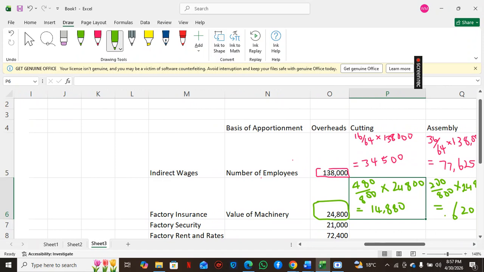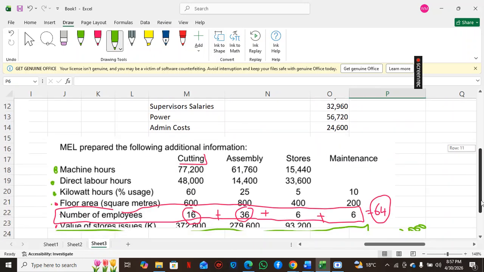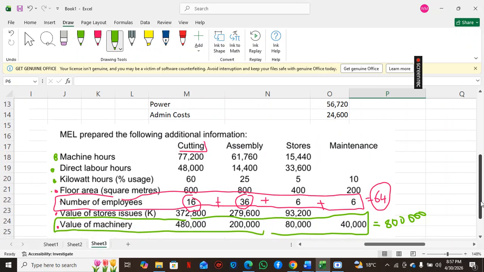The next one is factory security. So we come here. Machine hours, no. Direct labor hours, no. Kilowatt hours, no. I think floor area is the only one here.